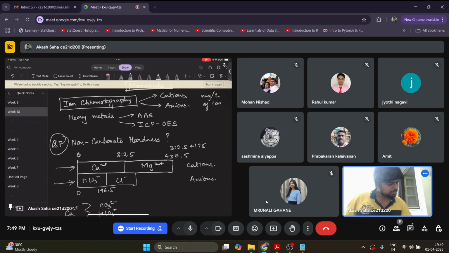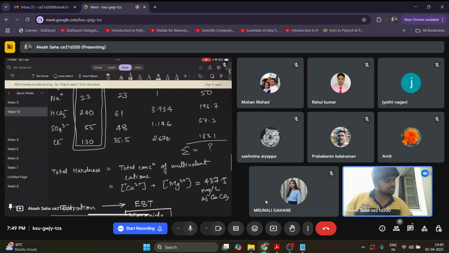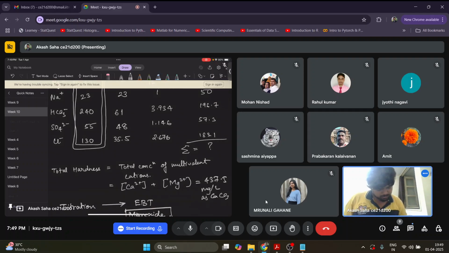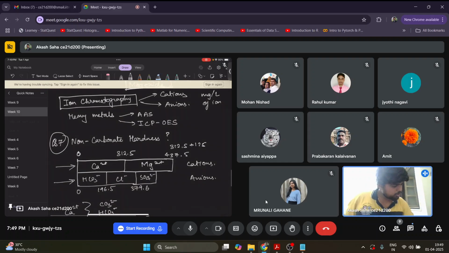So it will be somewhere around here, 379.6, plus the sulfates. Sulfates is around 57.3. So I am getting 436.9, which is a little less than the total. Are you able to understand what I did here?